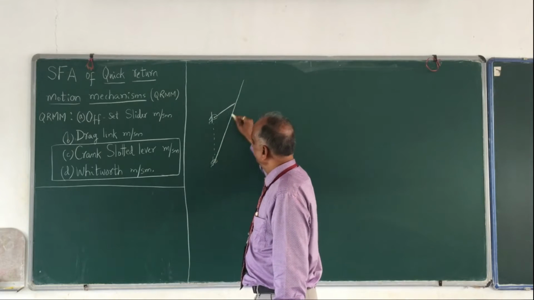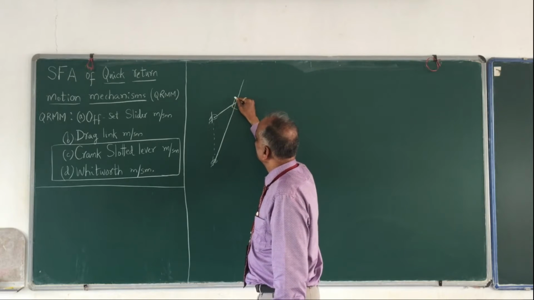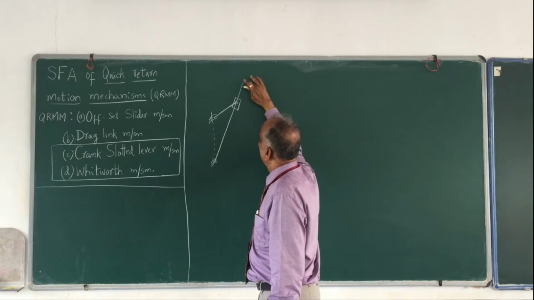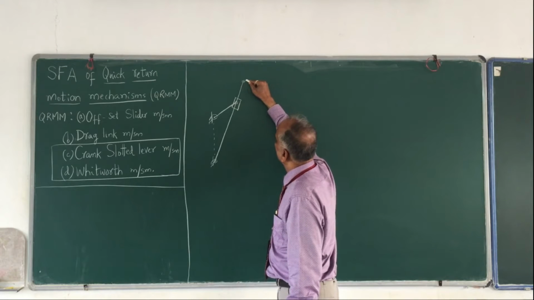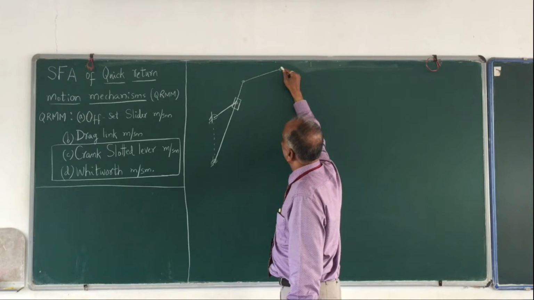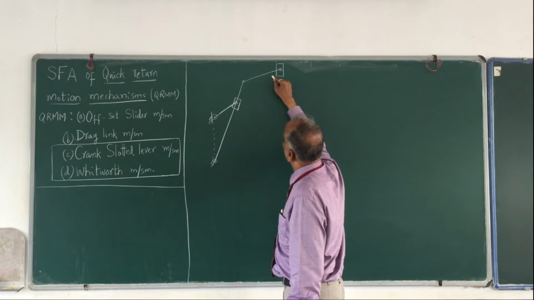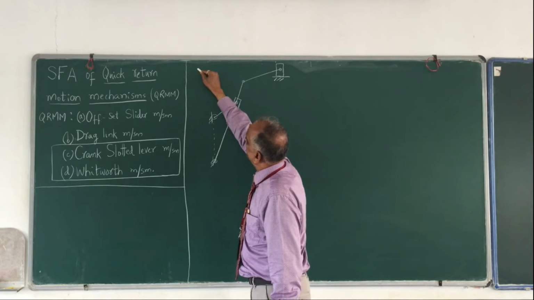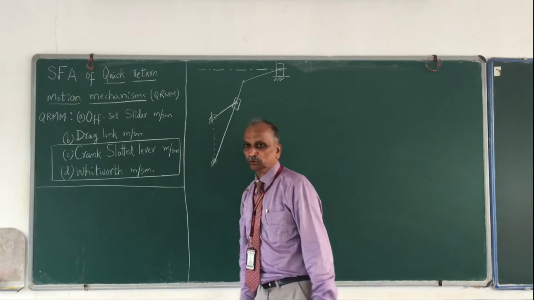You have a slider and a turning pair. At the end of this lever you have another link, and a slider to which usually the shaper tool is attached. This is the line of stroke of the shaping tool.